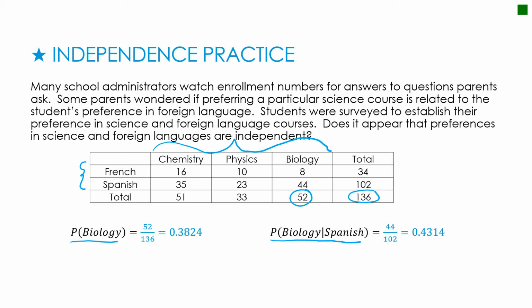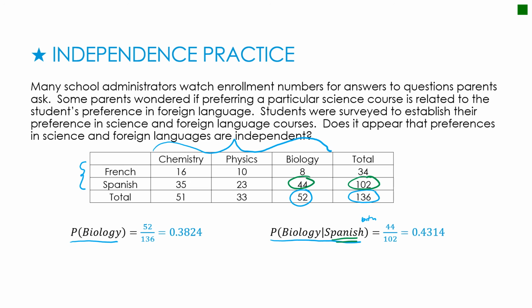So again, remember the numerator is people who are in both, which means biology and Spanish, which would be this 44. And the denominator is just Spanish, which is 102. So 44 over 102, which I got to be 0.4314.